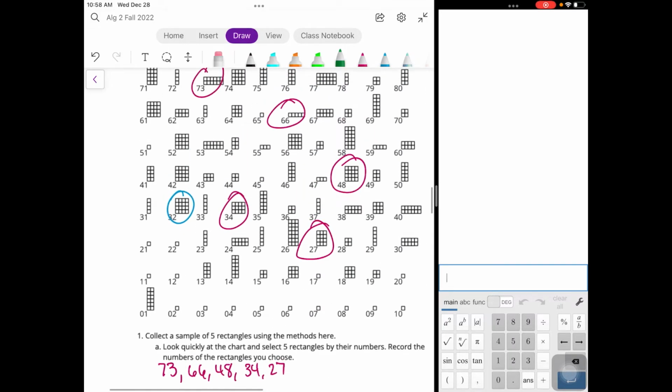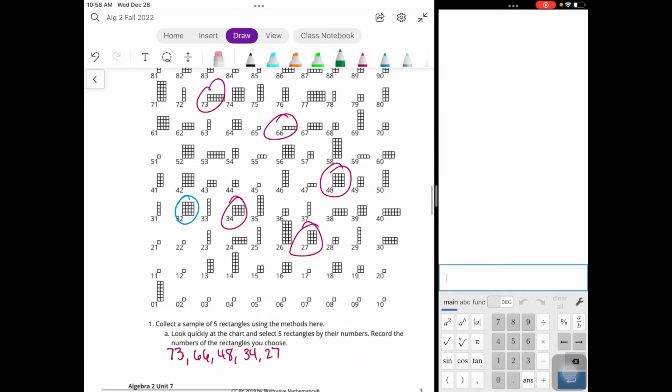Okay, so for 73, there are 1, 2, 3, 4, 5, 6. So there's 12 rectangles or squares there. 66 has 5. 48 is a 4x4, so that's 16. 34 is a 3x4, so that's 12.